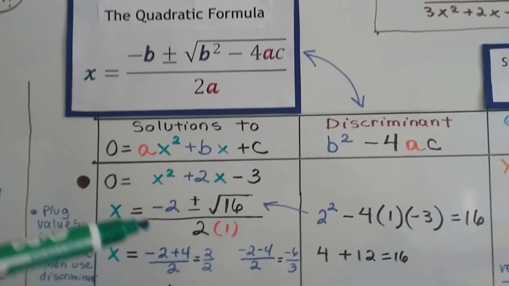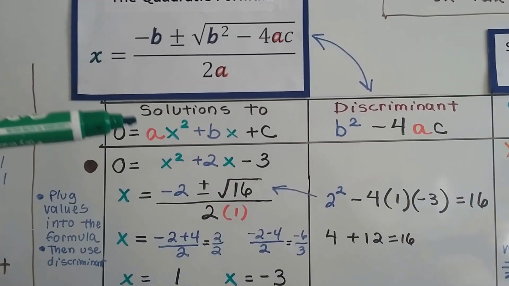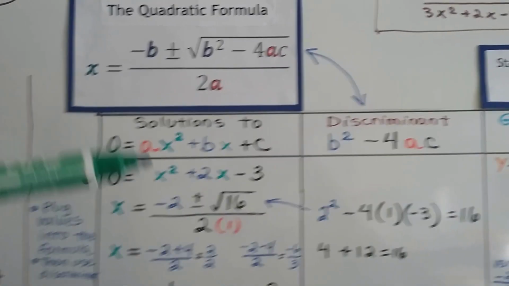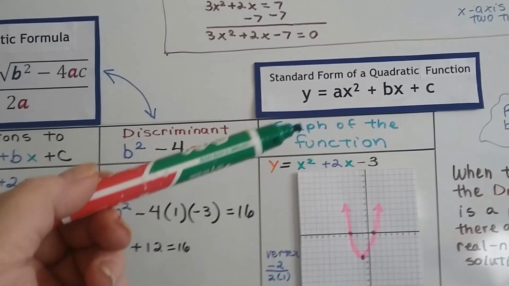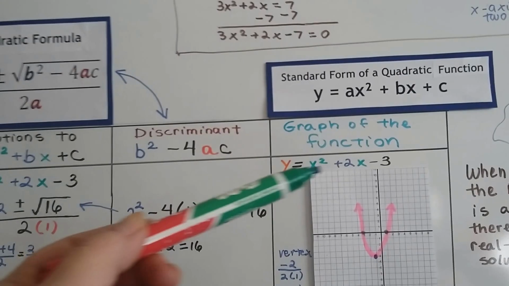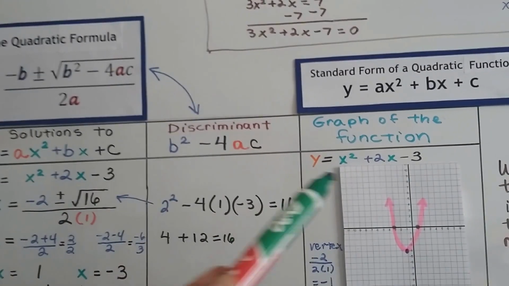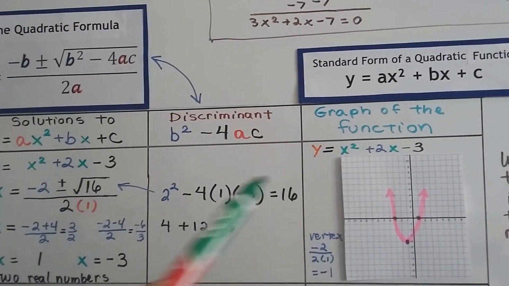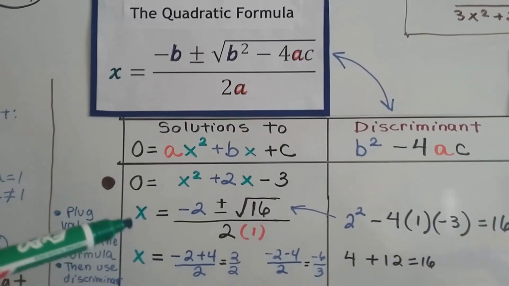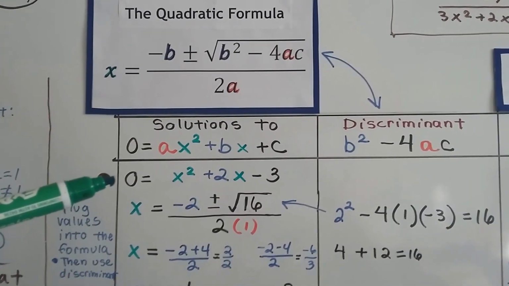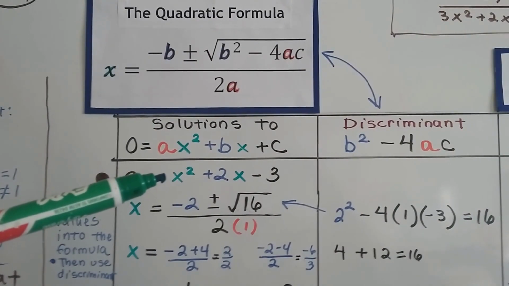All right? We've got solutions as the quadratic equation. We've got our discriminant. And we're going to graph these as a function. Okay? Here's the equation, but it's written in function form. See? It's just with a y, all right? So for our first problem, we've got x squared plus 2x minus 3.